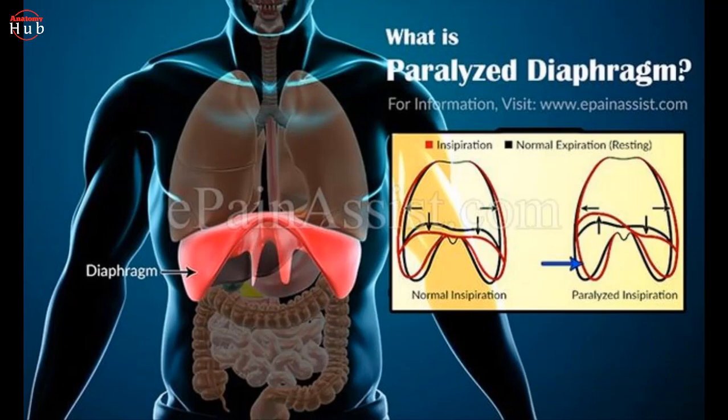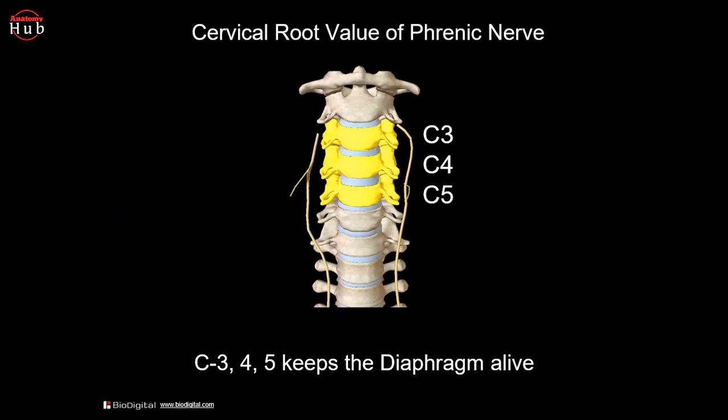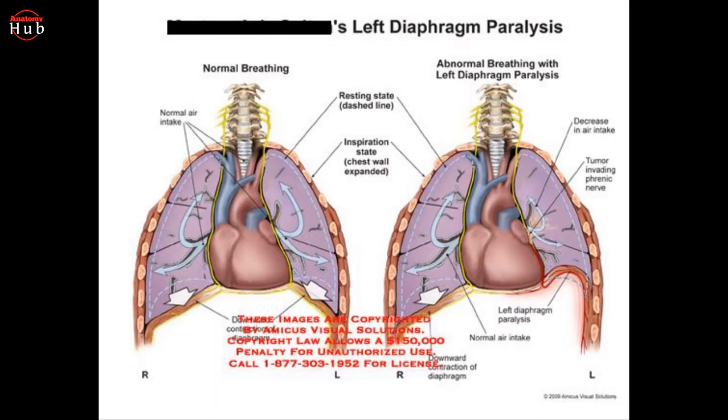Paralysis of this diaphragm produces a paradoxical movement: the affected side of the diaphragm moves upward during inspiration, just opposite to the normal diaphragm, and it moves downwards during expiration.